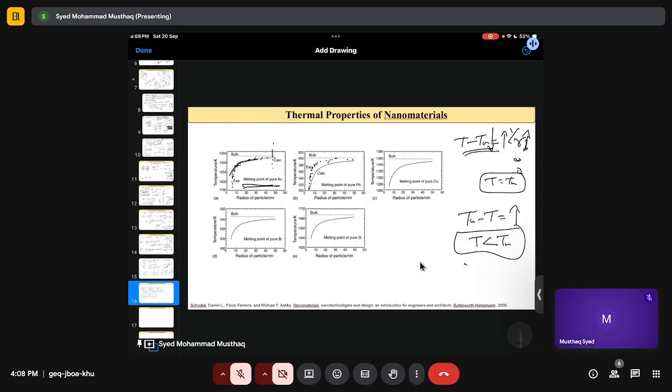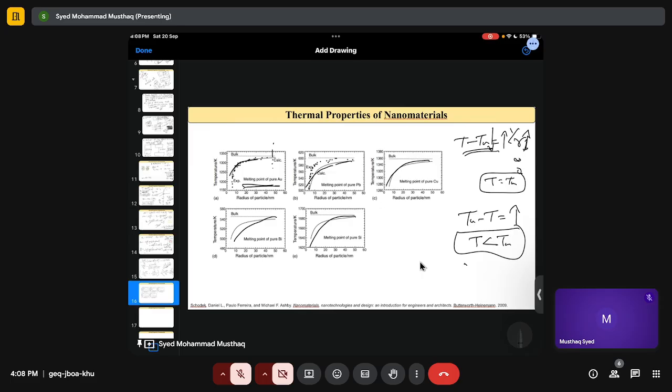Same goes for lead, copper, silicon, bismuth. You will see the melting point goes down with decreasing size of the nanoparticle. Okay, I hope I am clear.